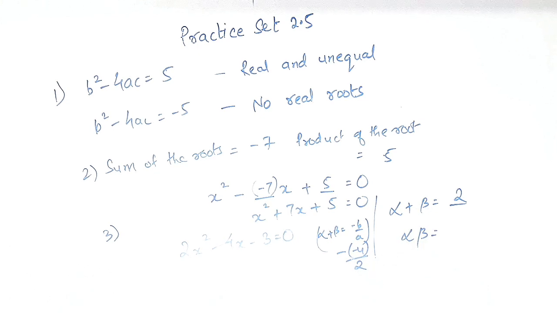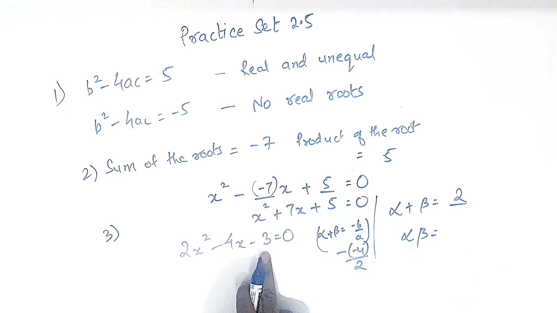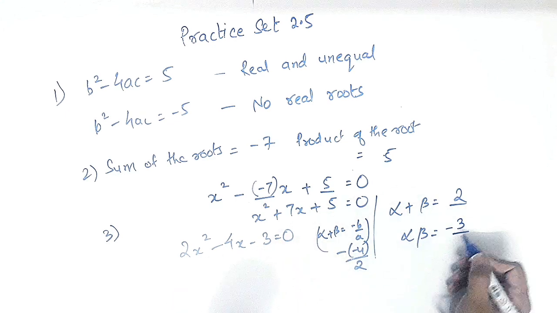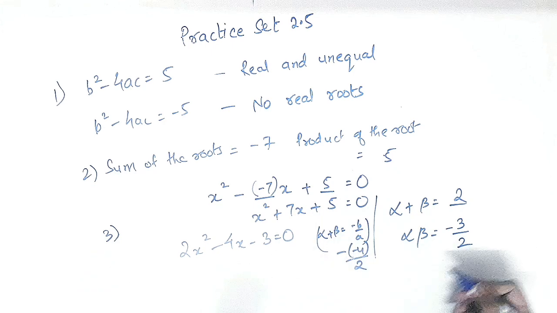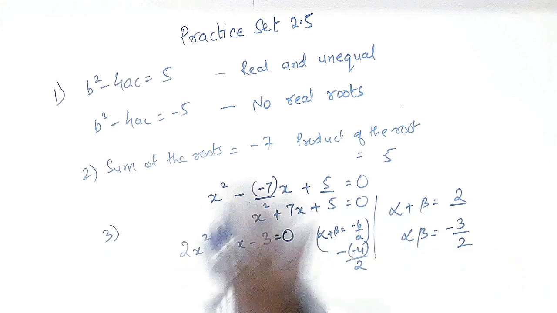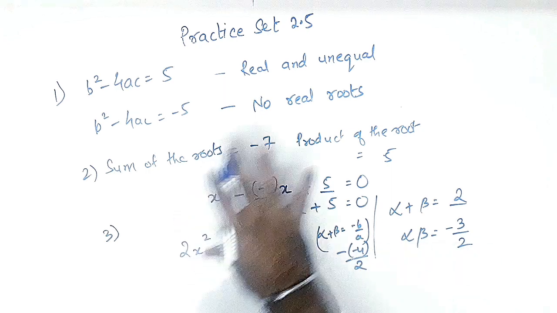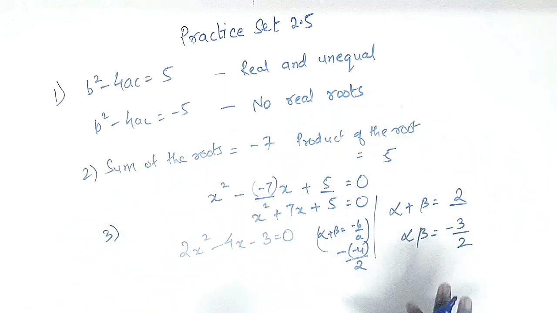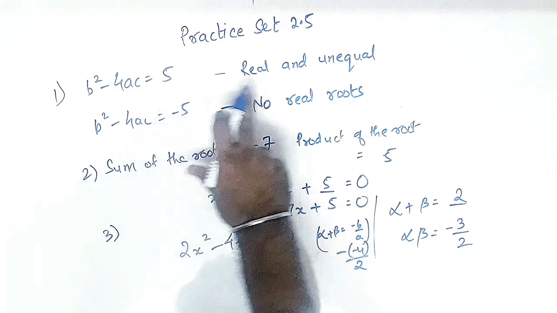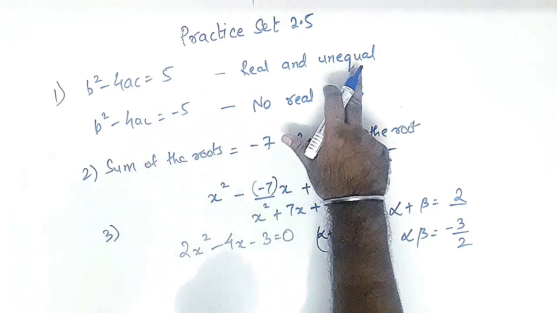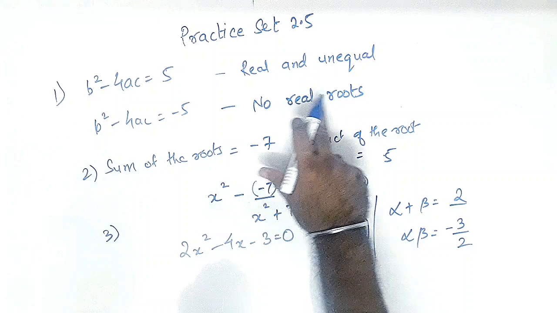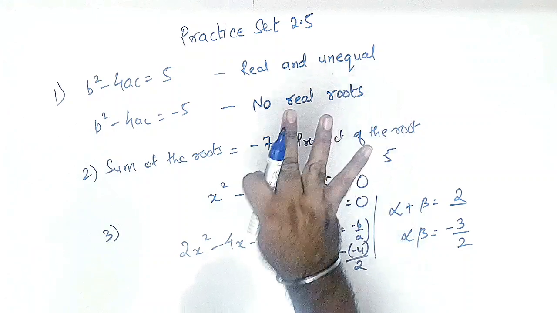And the product of the roots is c upon a. What is c? C is minus 3, upon a. What is a? It is 2. So you are done with the fill-ups, but it is very important that you understand them. Once you understand what the roots are when they are real and equal, real and unequal, and no real roots, three things.